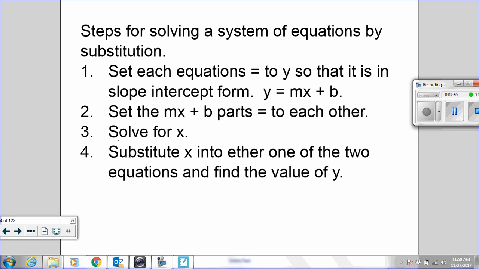Once we do that, we're going to go ahead and solve for x. And then we're going to substitute the x into either one of the original 2 equations to find the value of y. Okay, and that's the steps for solving the system of equations by substitution.